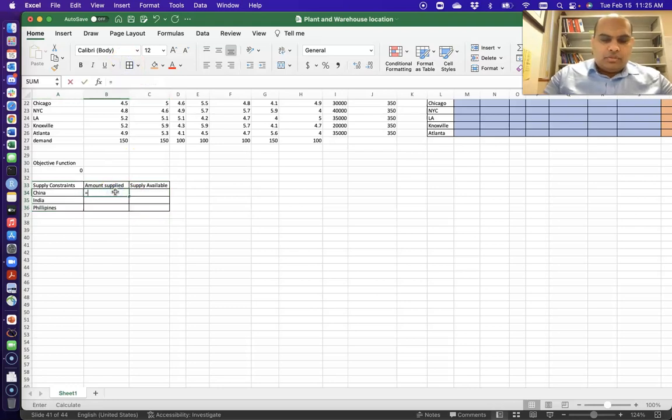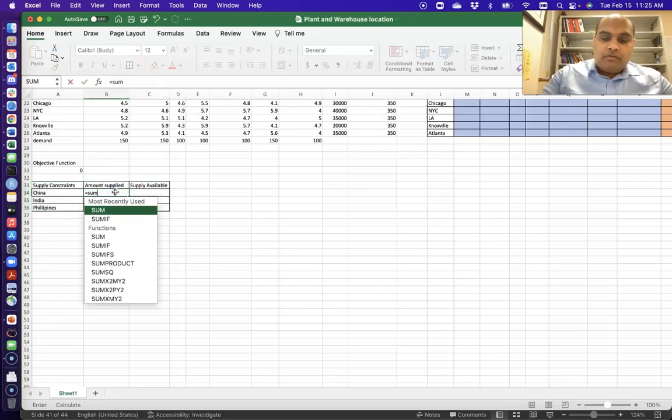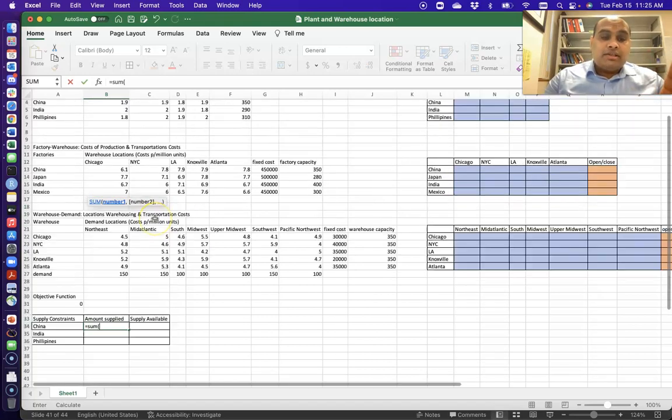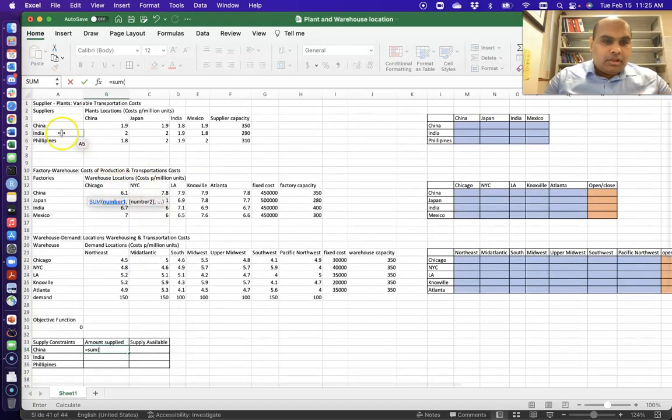I like boxing. So the amount supplied, the total amount supplied from the Chinese supplier, that's your Chinese supplier and that's your Chinese plant location. If this is confusing, having China here and China here at the same time, you can say China-supplier and China-plant location just to differentiate them.